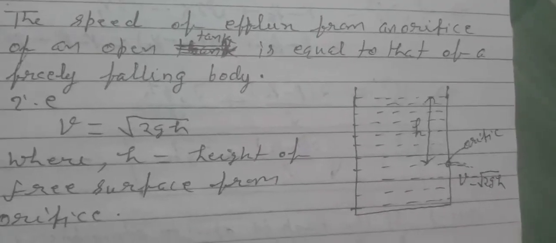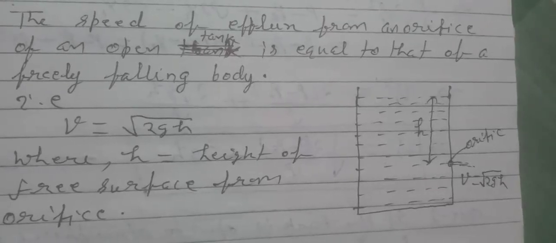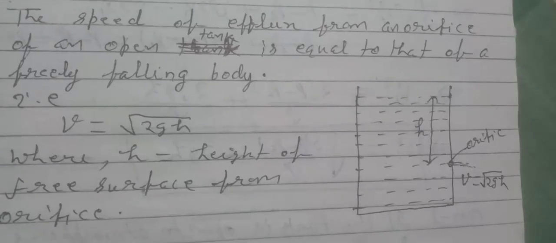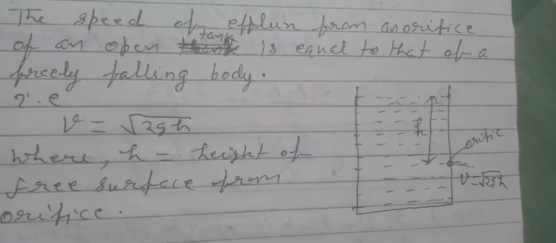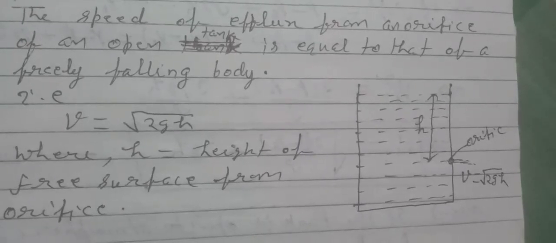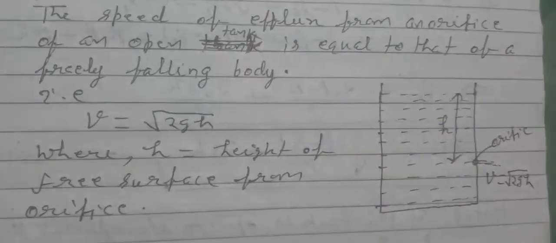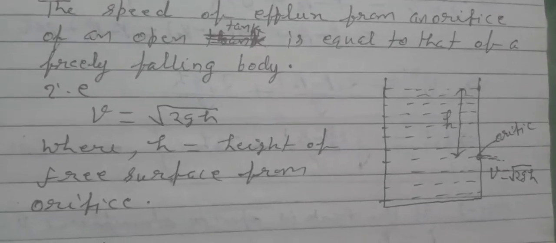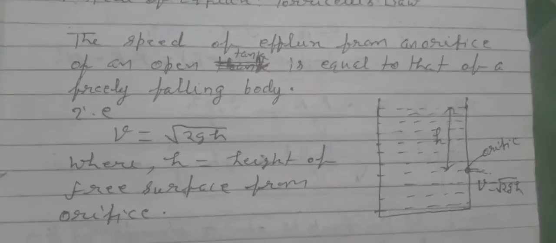Here a tank is shown and an orifice is made. Here the velocity of flow of liquid at this orifice will be v = √(2gh), where h is the height of the free surface from the orifice. This is Torricelli's law.